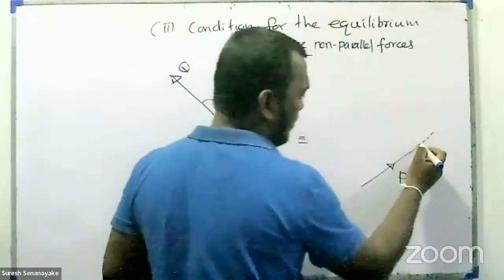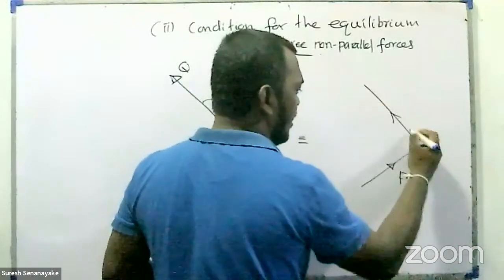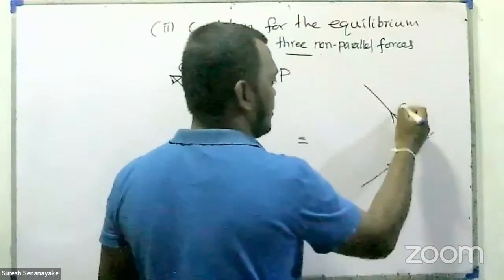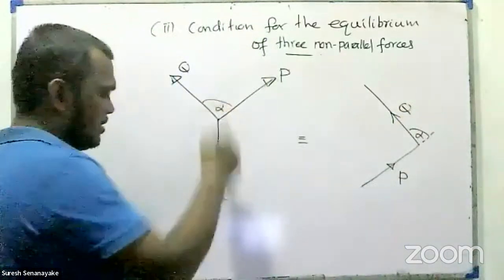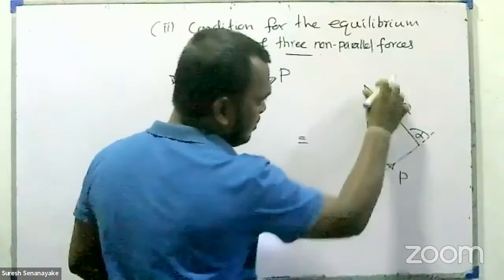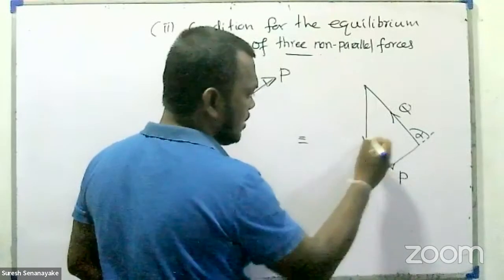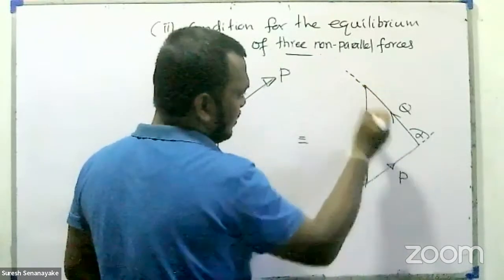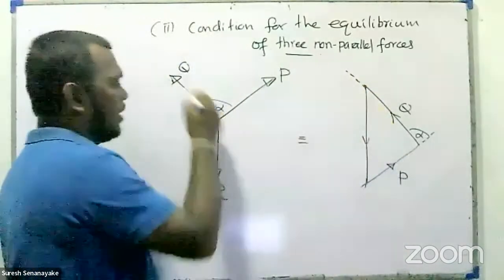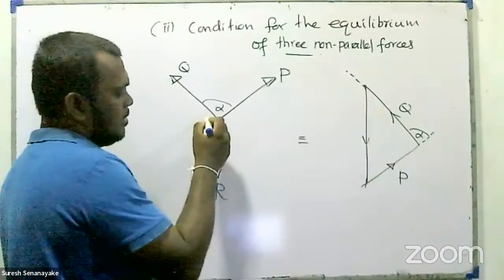The line should be parallel with Q, with the angle alpha there. This is Q and this R is vertically down. The angle between Q and R, let's say, is theta.